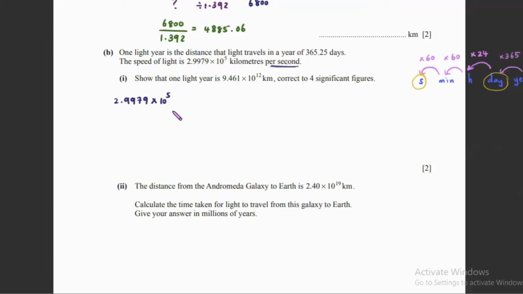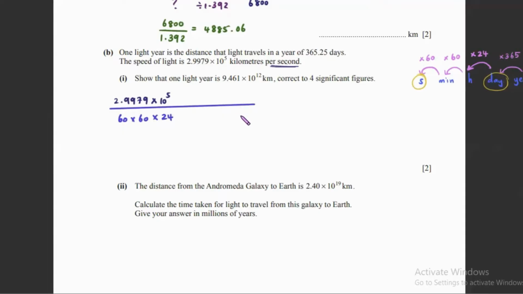So in this case, it's given in seconds. So we need to convert it into a light year, which means we have to do the calculation here. So I'm going to divide this answer by 60, 60, 24.